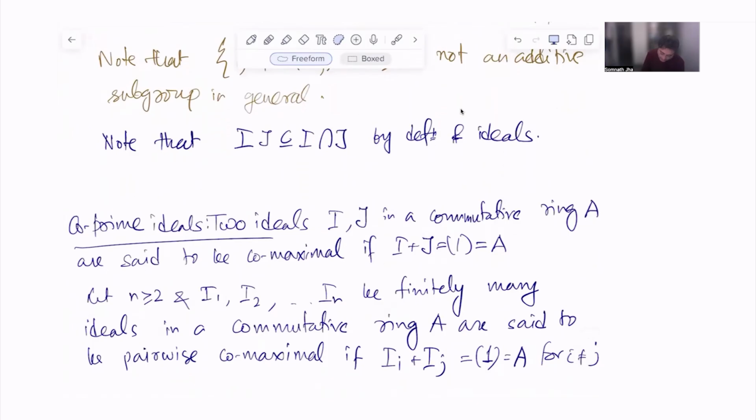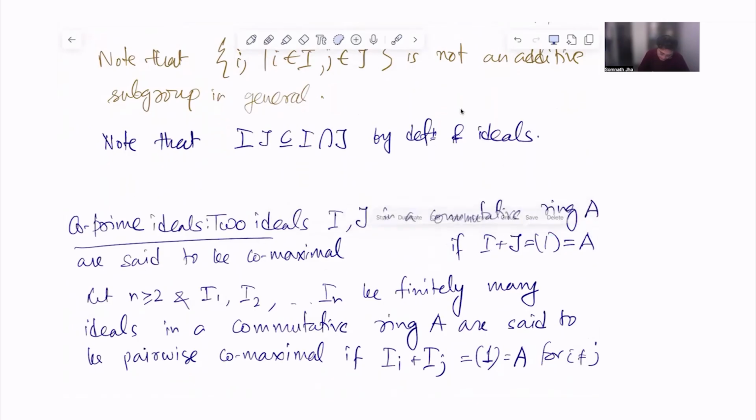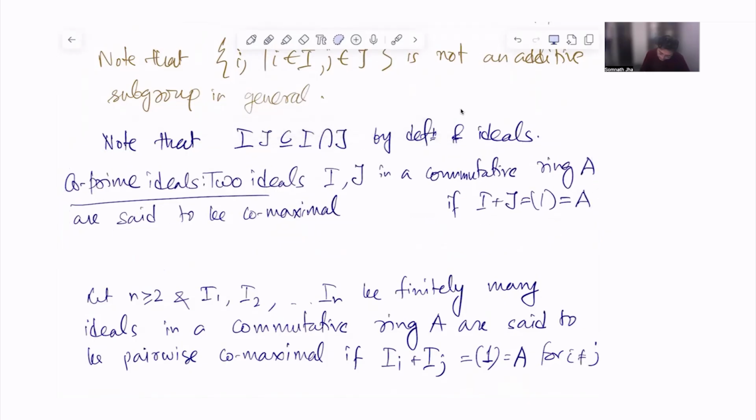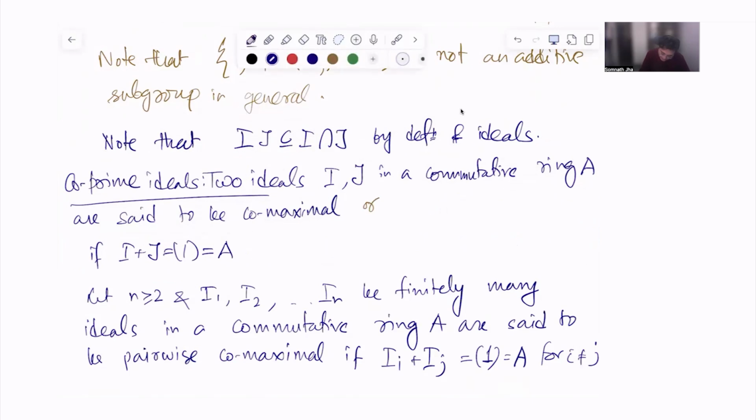Next concept is co-prime ideals. So suppose you have two ideals, I and J, in a commutative ring A. They are said to be co-maximal or co-prime.